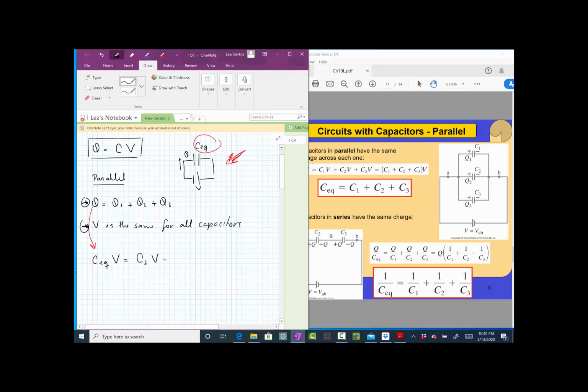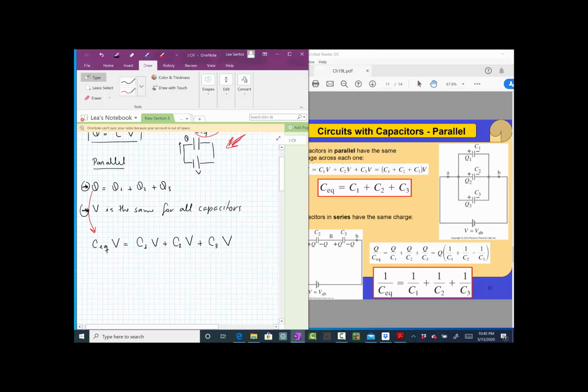How about Q2? Q2 is C2, the capacitance of capacitor 2, multiplied by the potential difference, which is again V. And then finally, Q3, which is C3, the capacitance of capacitor 3, multiplied by the potential difference. So the potential difference is the same everywhere, so I can get rid of it, and I find that the equivalent capacitance is now, careful, the sum of the capacitances. Okay, so this is interesting.